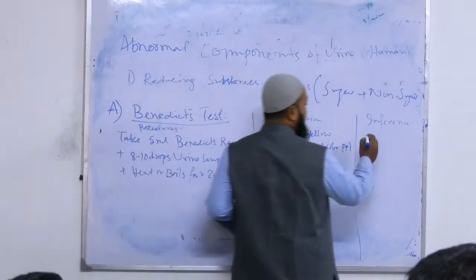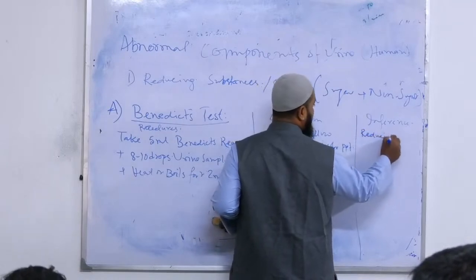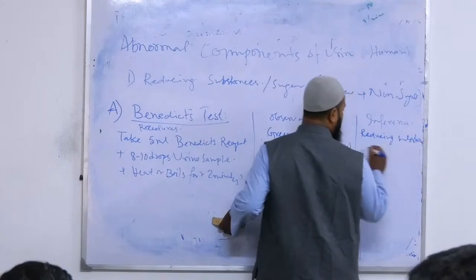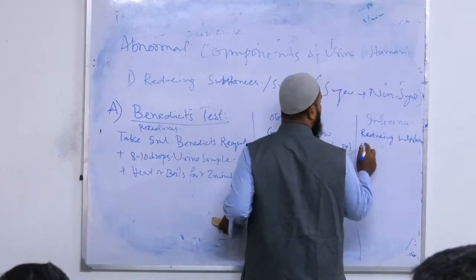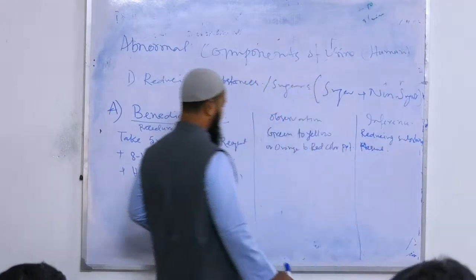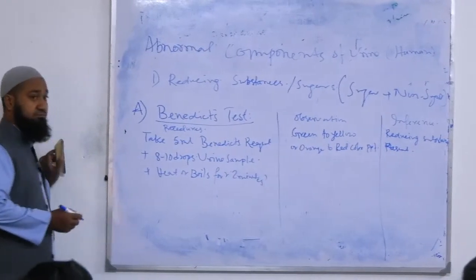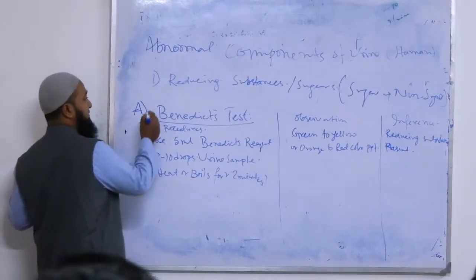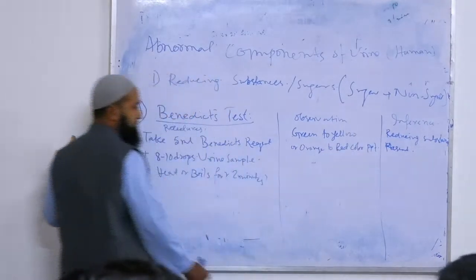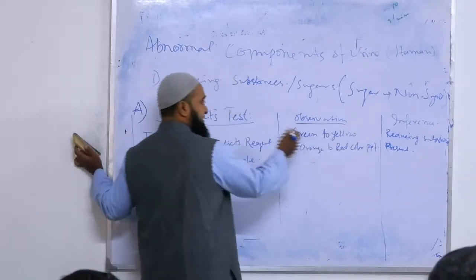So we say reducing substance present. When we write in the exam, write only this portion. So the observation is various color production.